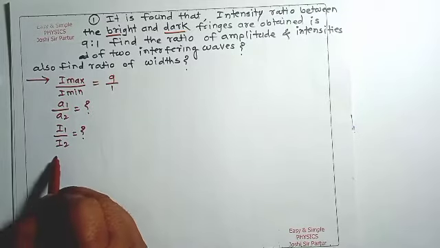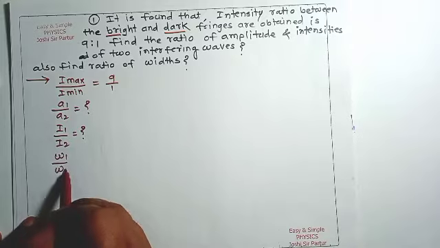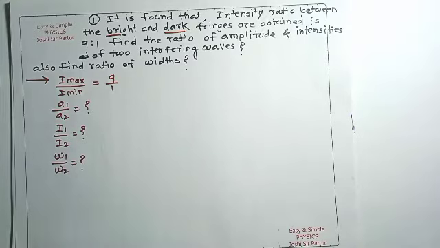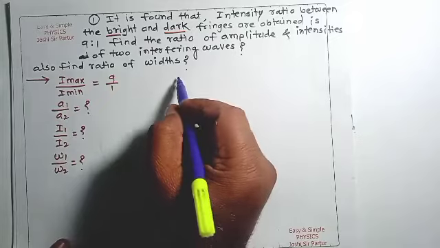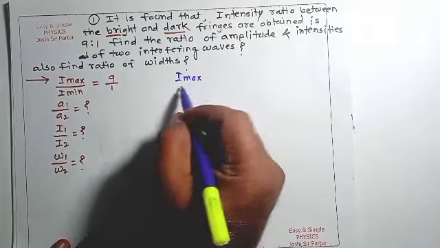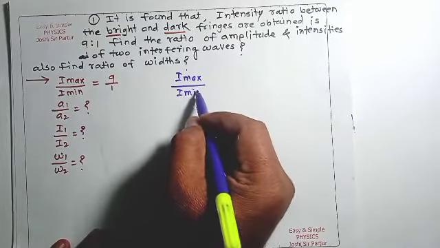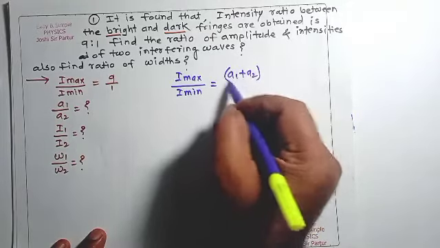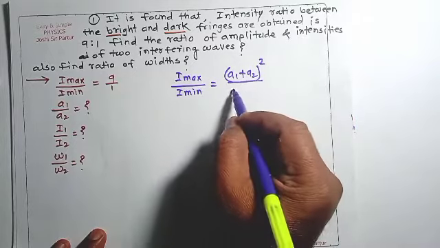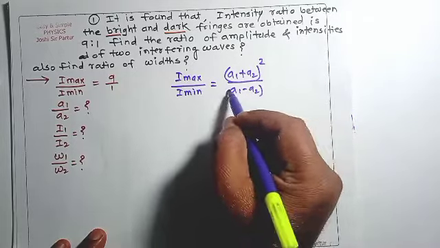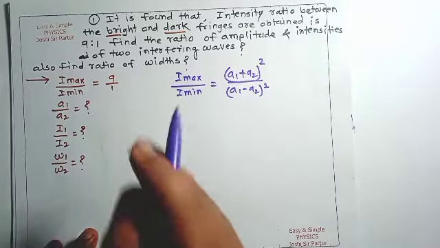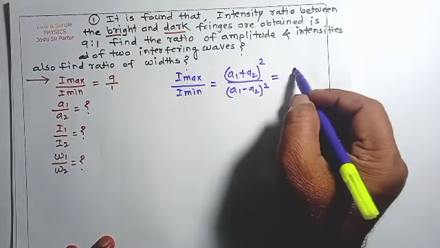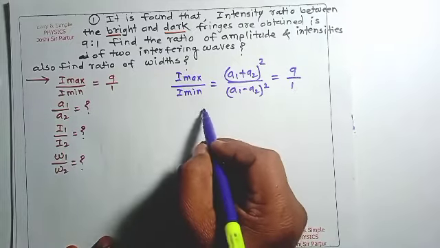Again, we can find width 1 upon width 2. So, by using the formula for I maximum upon I minimum, which is equal to A1 plus A2 bracket square upon A1 minus A2 bracket square, if this value can be put here, 9 upon 1, take square root.